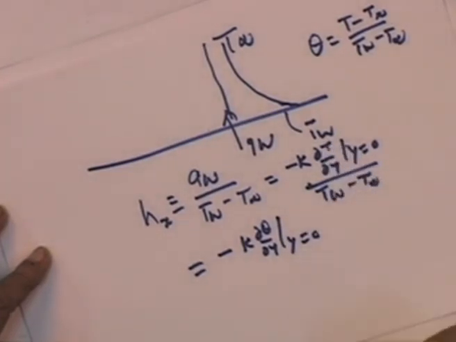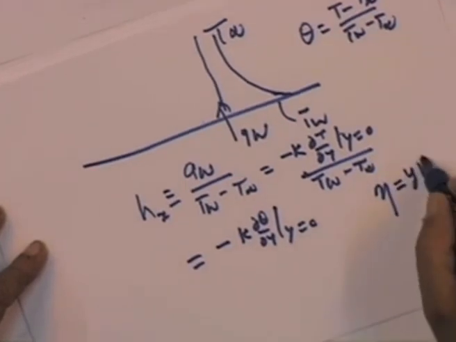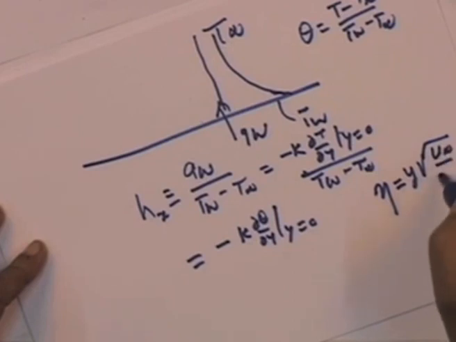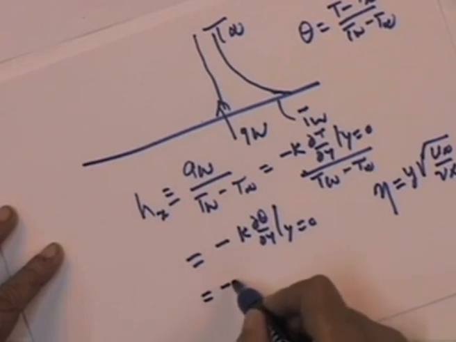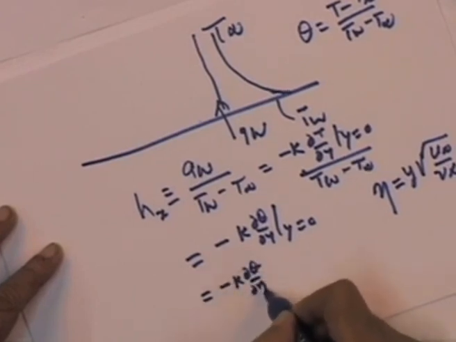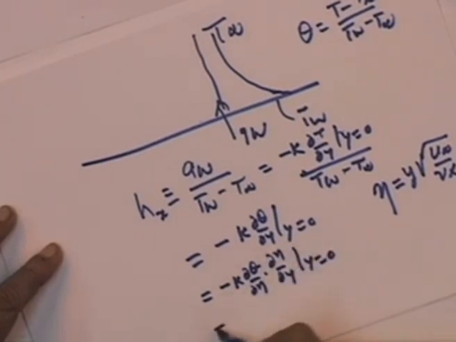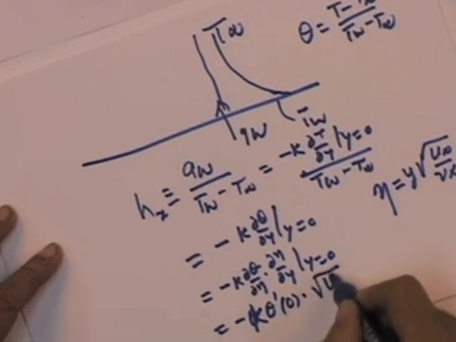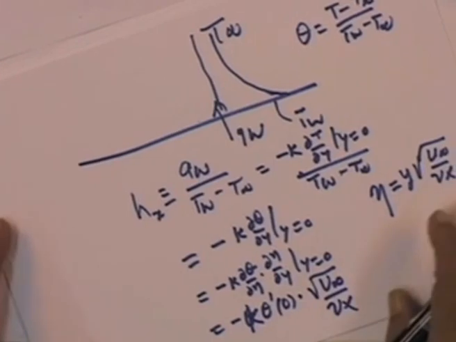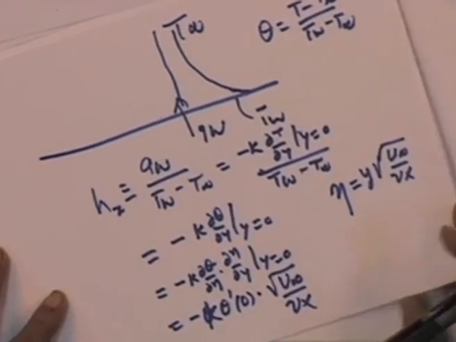This is dT divided by T w minus T infinity. And if I now change eta equal to y times root u infinity by nu x, then you will see this can also be written as minus k d theta by d eta into d eta by dy at y equal to 0, and that is equal to minus k theta dash 0 into under root u infinity by nu x, which I can develop further.